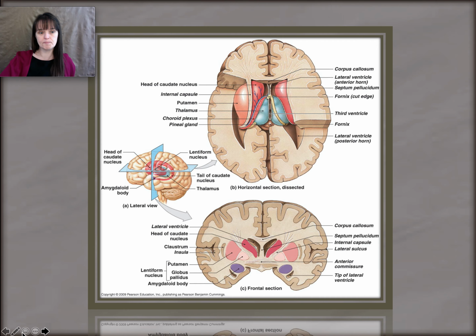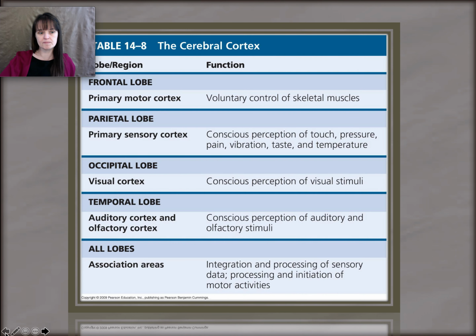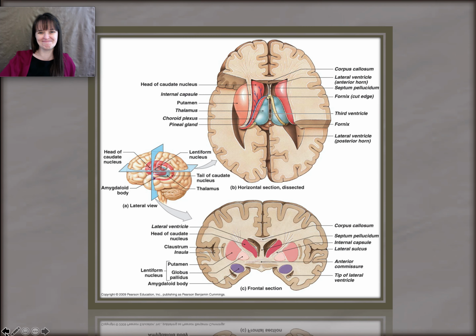Here where the cerebrum is cut, you can see this outer bit, which is cerebral cortex. This is different because it's gray matter. Gray matter is made of the somas and dendrites, whereas the other stuff in here is white matter, which is myelinated axons.